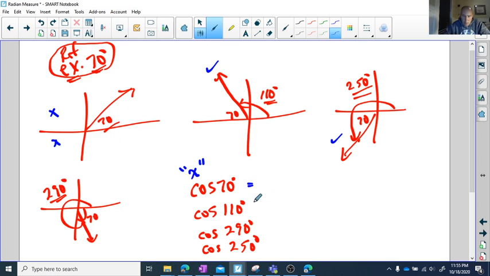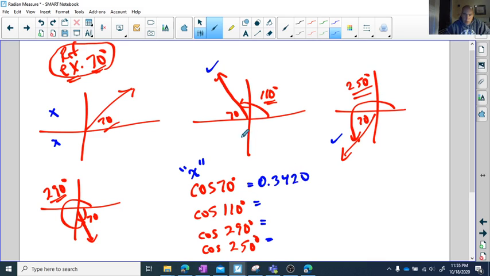So let's put our calculator to work and see what happens. Cosine of 70. Now they should all be the same, with the only difference being they switch from positive to negatives. Cosine of 70, this one should be positive because it's in quadrant 1 where x's are positive. 0.3420.